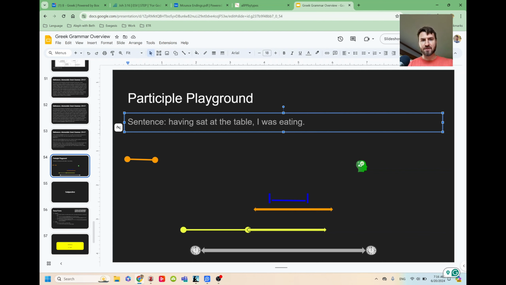So that's a difference, at least a way to think about the difference between the aorist and the perfect: the aorist is more sequential, possibly, and the perfect is often emphasizing the present ongoing result or state of an action.